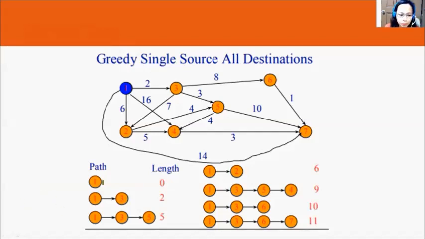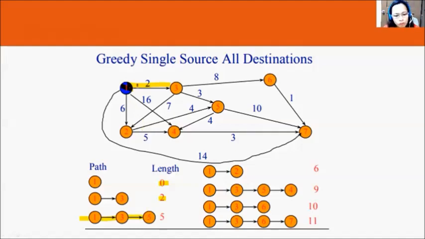From vertex 1, we don't have any incoming edge, so that's why we have the length of 0. From vertex 1 to 3, we have an edge or arc with a length of 2.